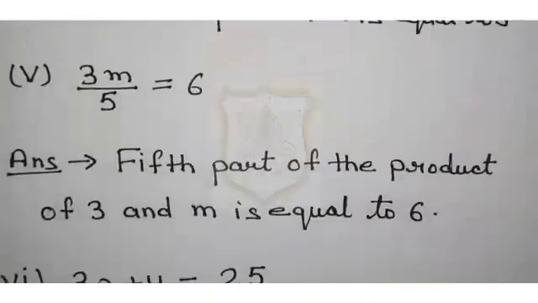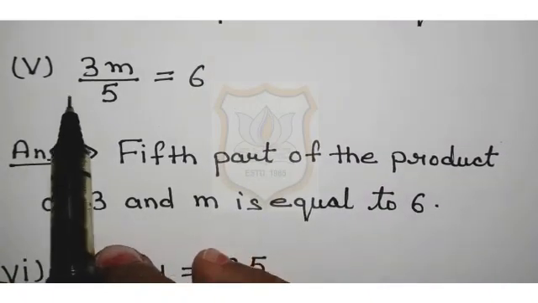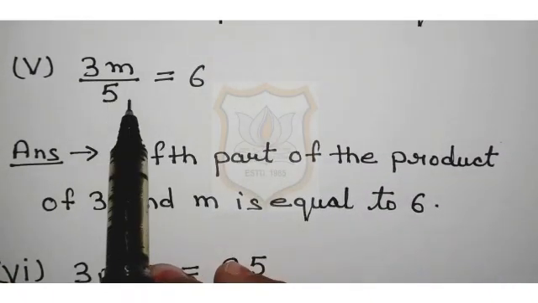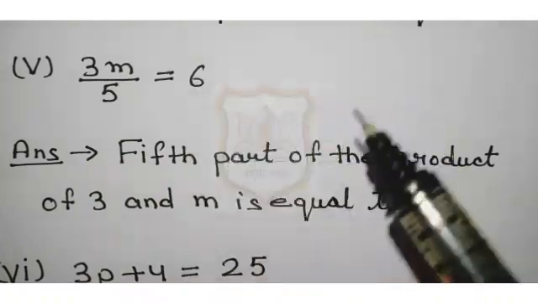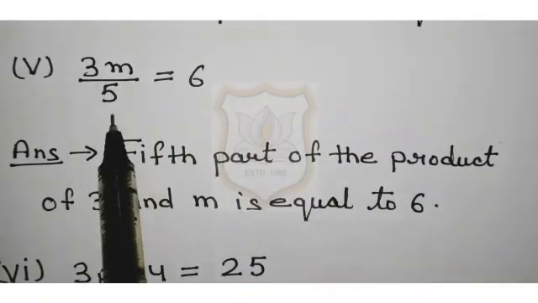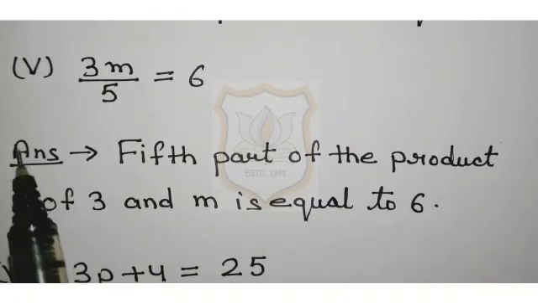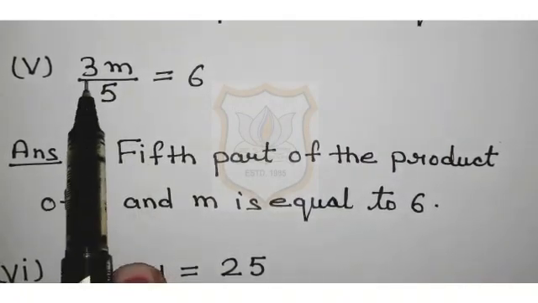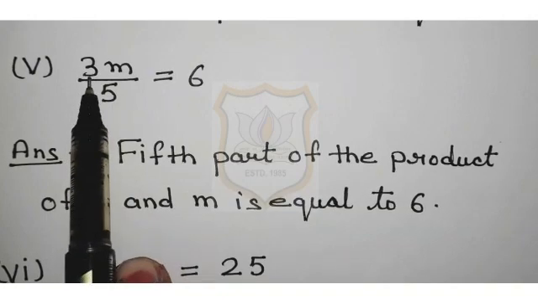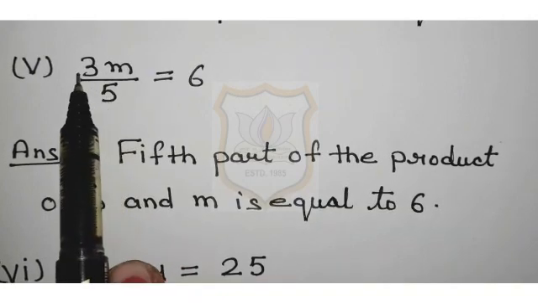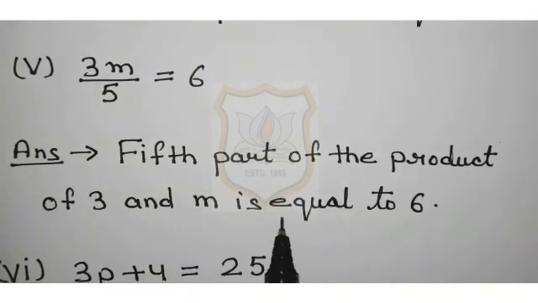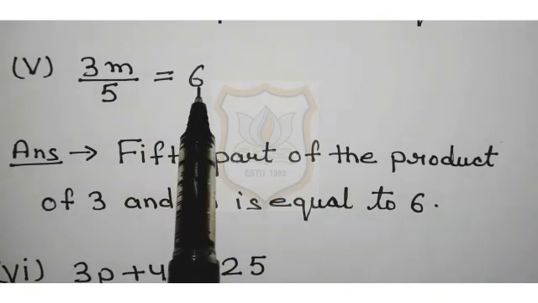Now we will solve the fifth part, that is 3m upon 5 is equal to 6. So 3m upon 5 means the fifth part of the product of 3 and m. Product means multiplication. So the fifth part of the product of 3 and m is equal to 6.